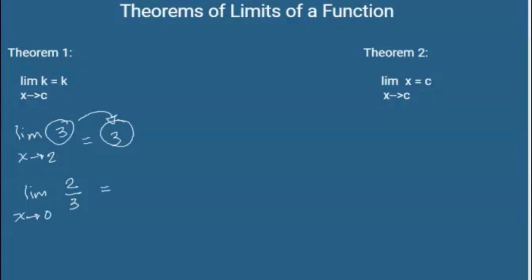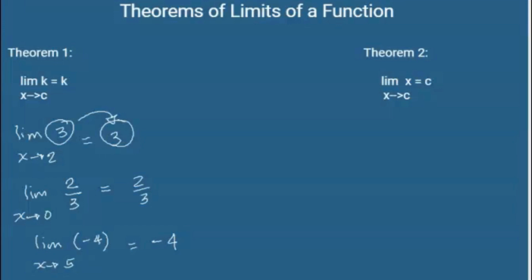The answer is 2/3. Last example, the limit of -4 as x approaches 5. Again, -4 is a constant. So by Theorem 1, the limit is the constant itself, which is -4.